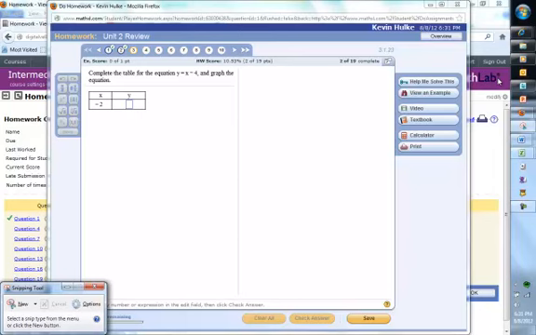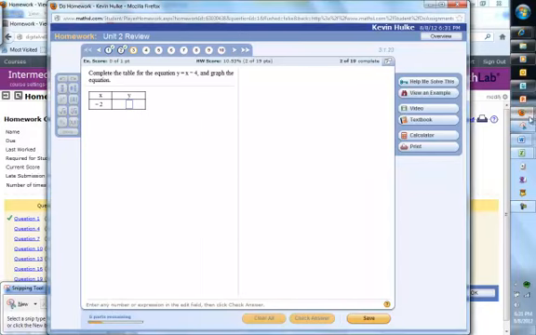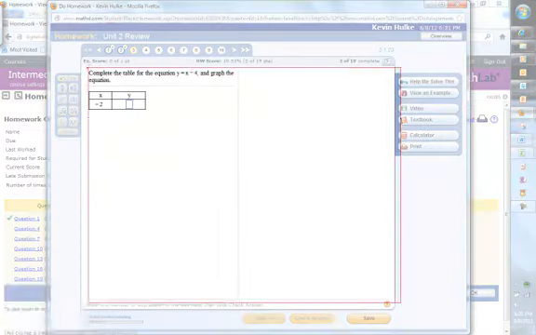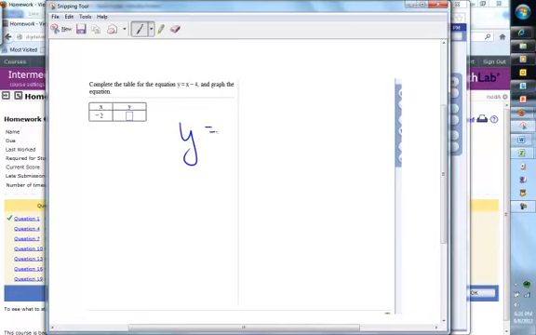All right, if y equals x minus 4, and x equals -2, so instead of writing x, we're writing -2 minus 4, which is -6.